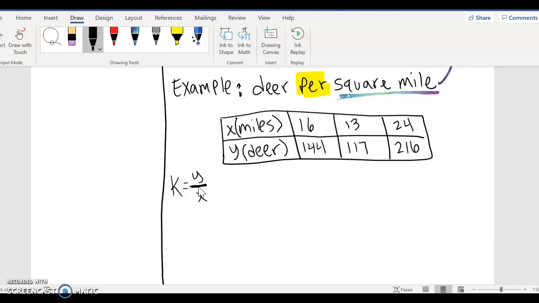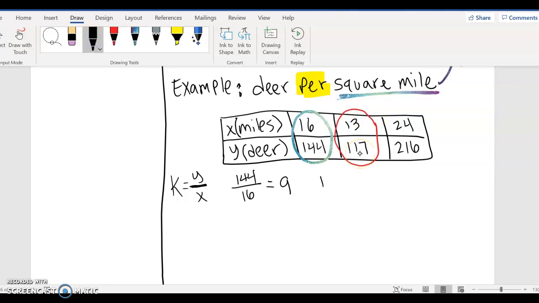Just like last week, we want to go through every part of our table. So we start with our first column here. Our y value, the deer, is 144 over the x, 16 miles. We would divide that, top in, bottom out, and it gives us 9. Okay, then we check our second column in the table.